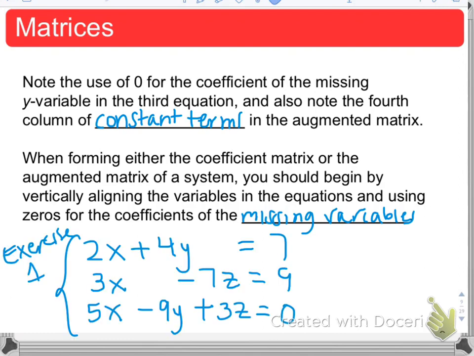Okay, just for practice, I want you to write the coefficient matrix and the augmented matrix for this system here. I just created it, so this isn't in your notes that you printed off. If you do it correctly, you can get an extra credit point on the last exam that you just took.